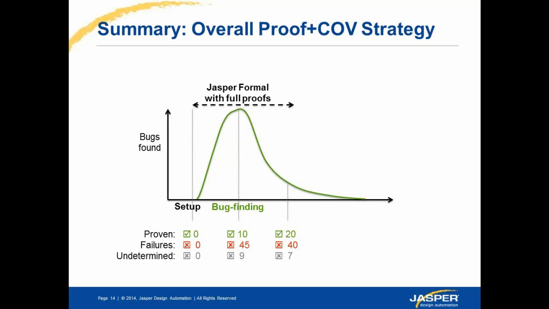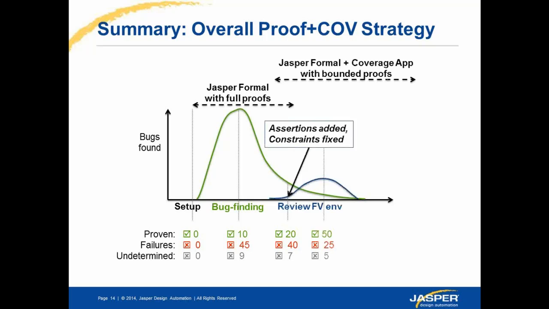You find a lot of counterexamples, a few converged, proved results, and then you run the Jasper coverage app. With property completeness, you get to know if you're missing any assertions, then you write them. Using stimuli coverage, you can figure out if you have over-constrained your environment, and you can fix it. Adding more assertions and fixing your environment will be followed by a second wave.